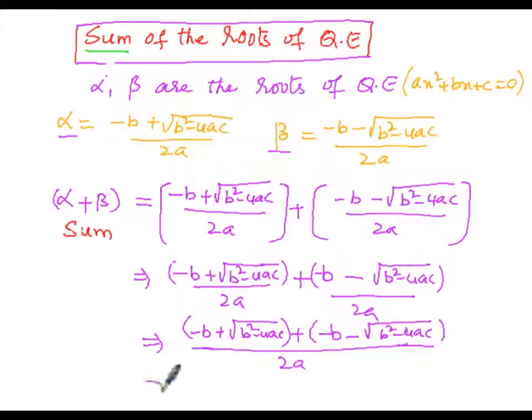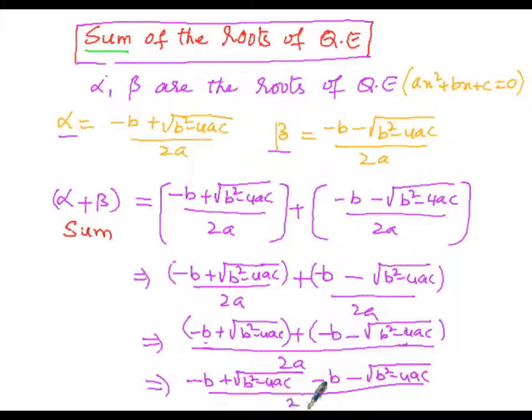Then for the next step, when these two brackets are removed, before the bracket there is a positive, so there won't be any changes in the signs: minus b plus root of b square minus 4ac, plus into minus is minus b as it is, plus into minus is minus, then root of b square minus 4ac overall divided by 2a.